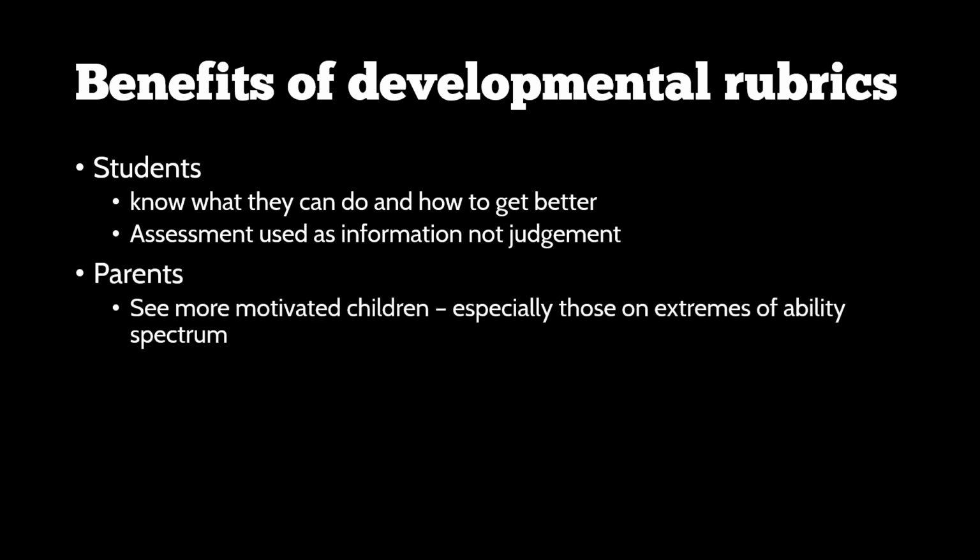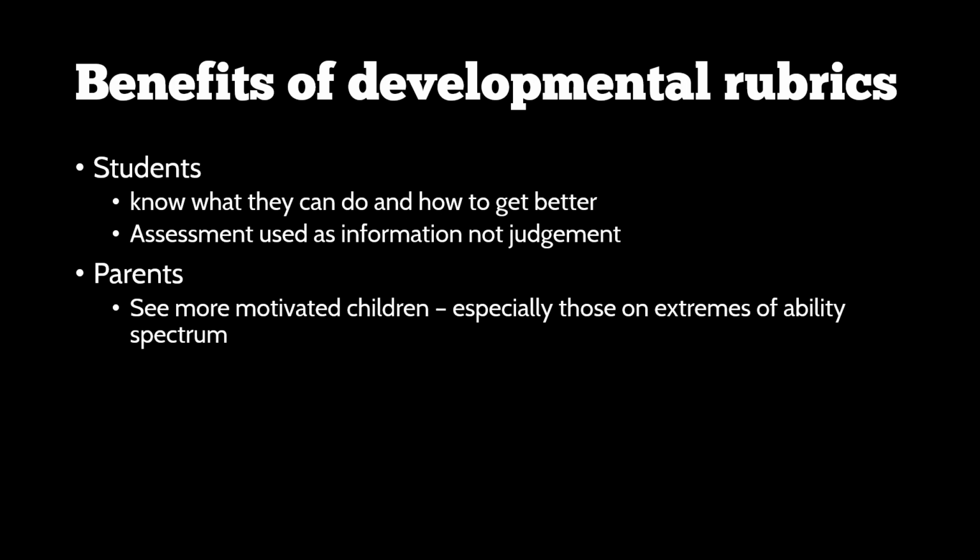For parents, you see more motivated children, particularly those on the extremes of the ability spectrum. What we've found is that students, particularly at the low or high ability, really benefit from developmental rubrics because there's no judgment involved. Students at the low end are simply told what they can do in a positive way, not using any negative language in the rubric itself, and then they've got some information about what they can do to get better.